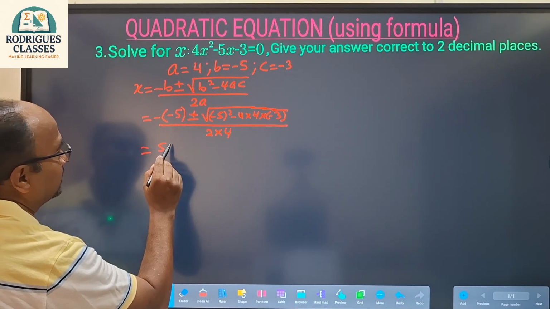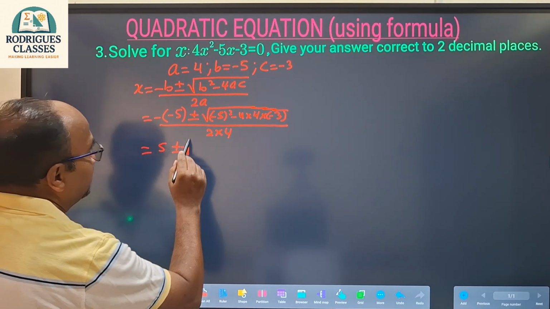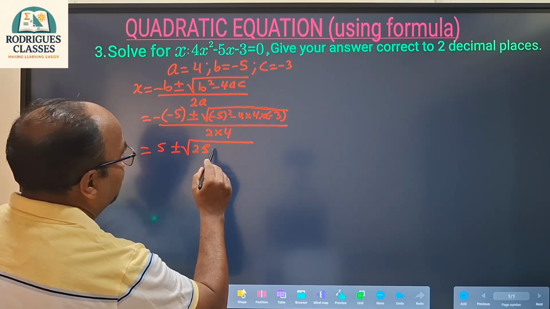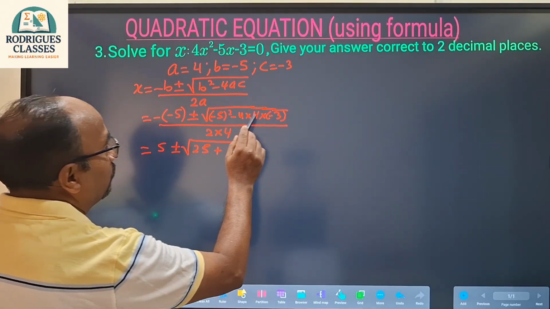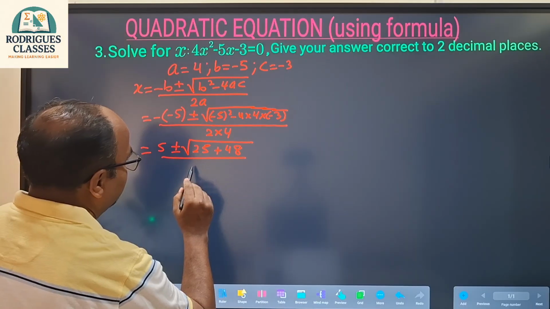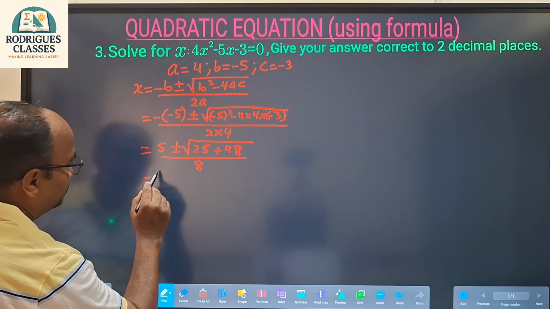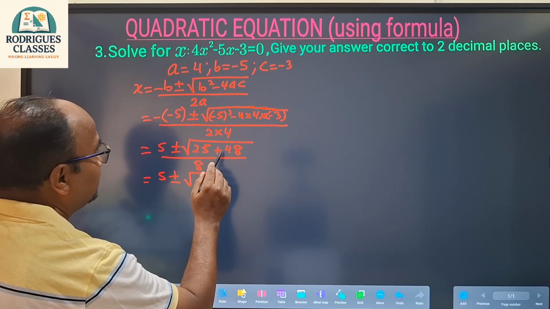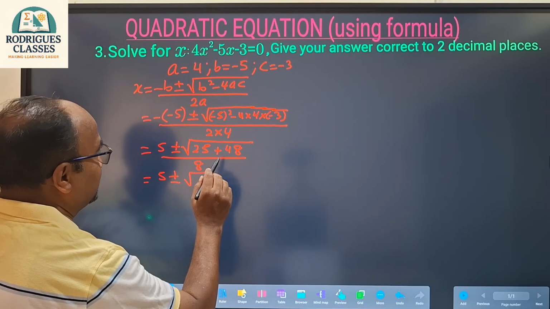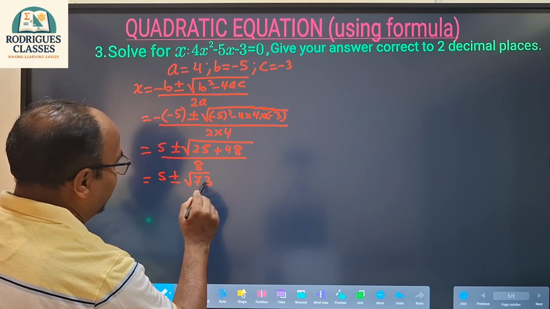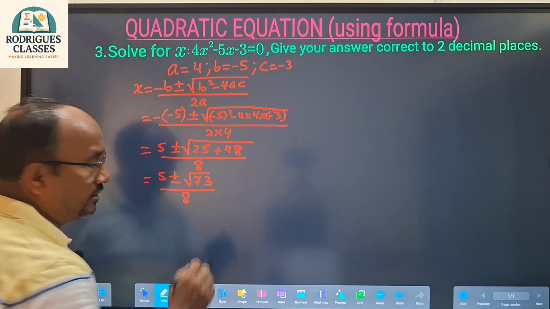This will become plus 5 plus minus inside the root 25 minus and minus is plus 4 4s are 16, 3s are is 48 divided by 8. So 5 plus minus root of, add this, 25 and 48 is 73, by 8. So you get it here as root 73 by 8.